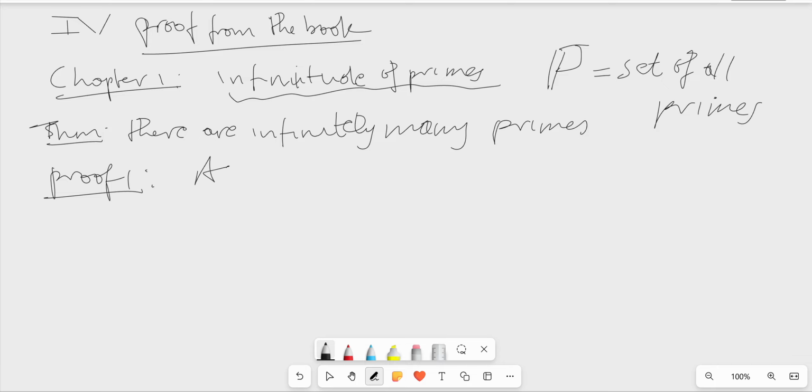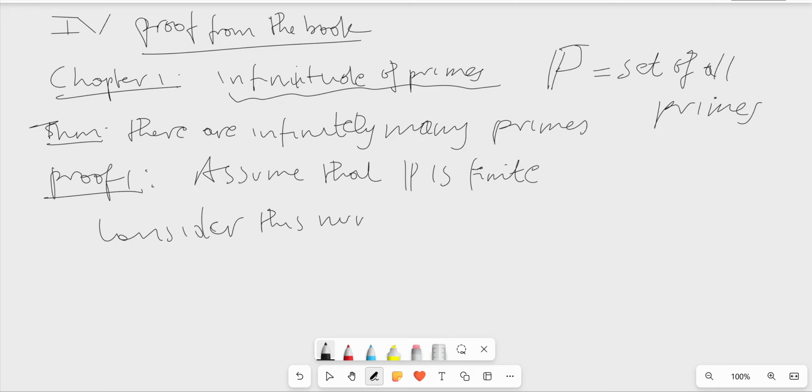It's very odd. We assume that P is finite. And then we consider this number n, which is the product of all primes.